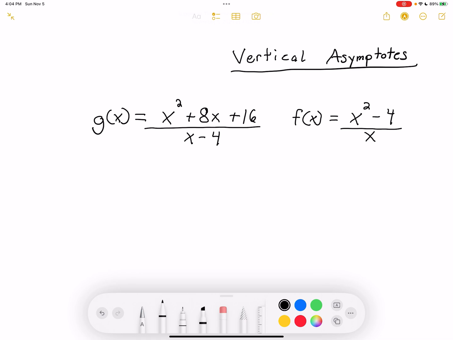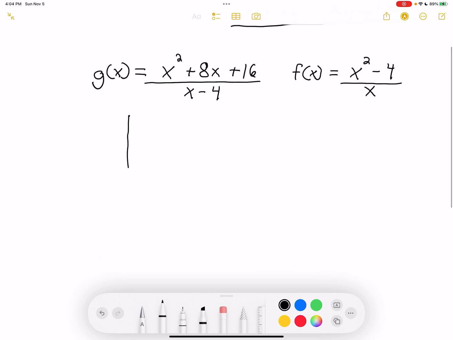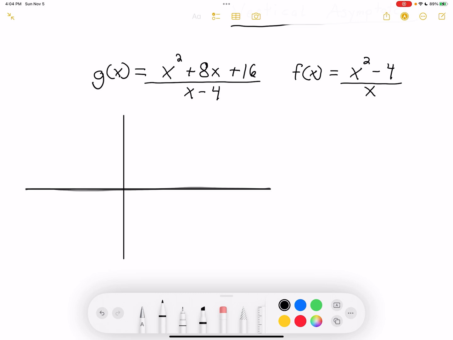So, you'll notice here that we have two functions, g of x and f of x. And our goal is to find any possible vertical asymptotes for g or f. And by the way, a vertical asymptote looks something like this.